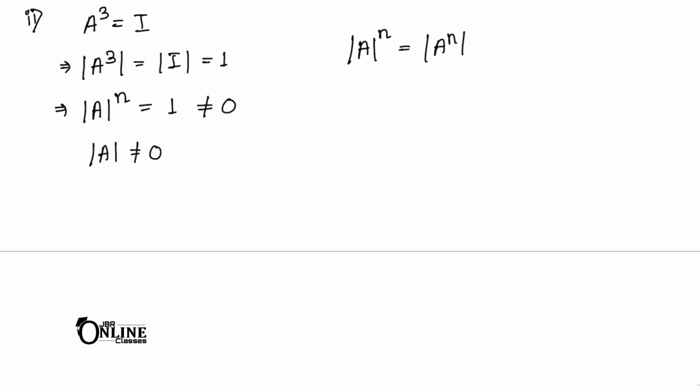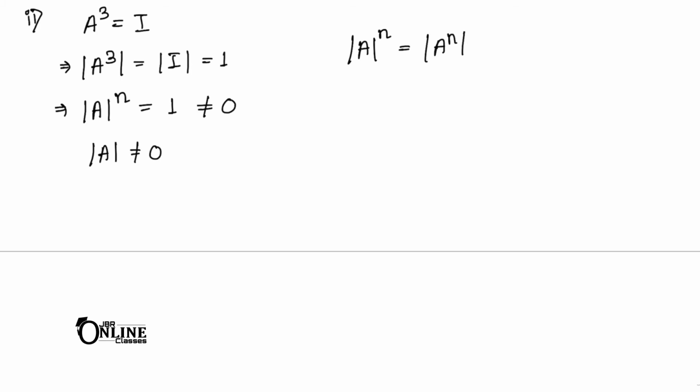And here the formula: det A to the power n equals det A to the power n. So here you can write n, and that equals 1, which is not equal to 0. Okay. So as here you can also write det A is not equal to 0. So as det A is not equal to 0, that means A is a non-singular matrix.